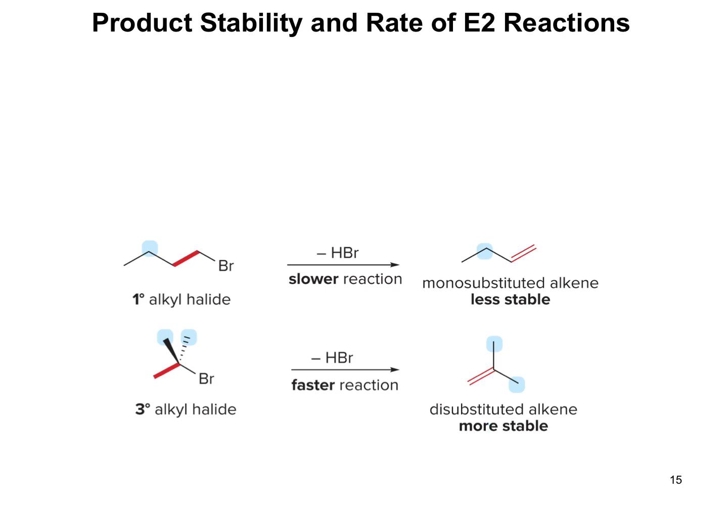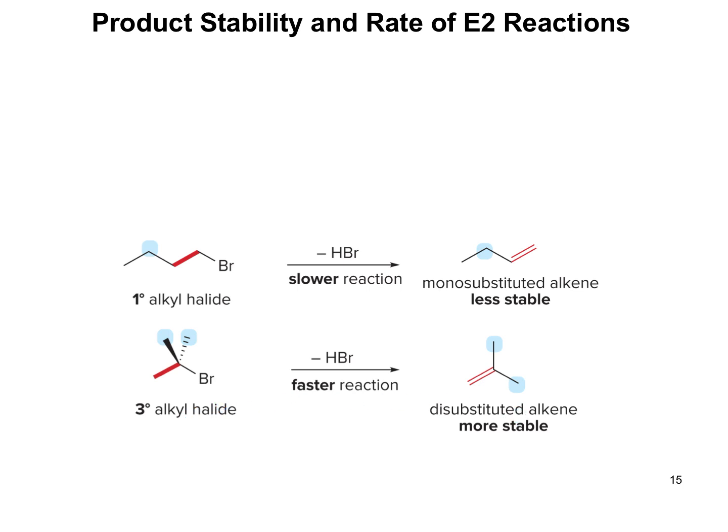Because remember, in the previous screencast, we said, hey, look, right? When you look at your double bonds here, you need to figure out how many R groups are around the double bond, because the more R groups you have, the more stable that alkene is. And so because this is more stable, this reaction occurs faster.